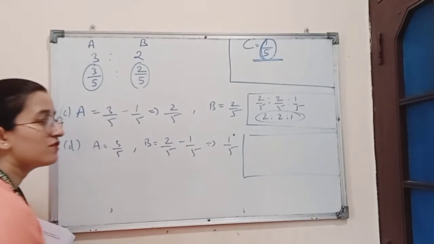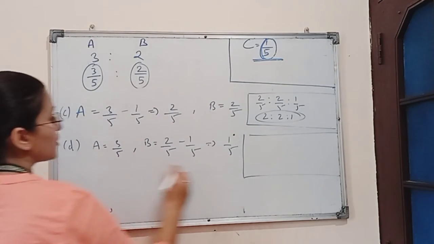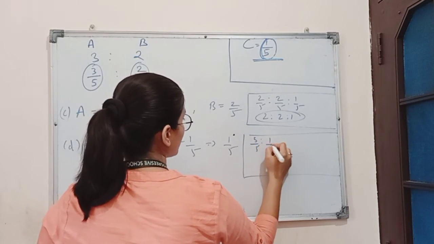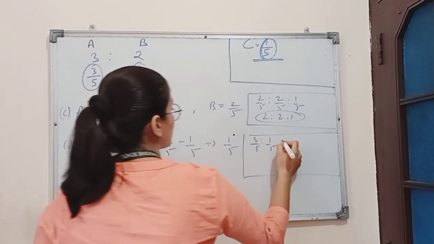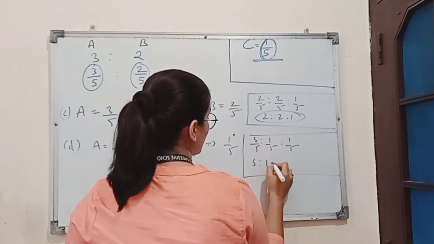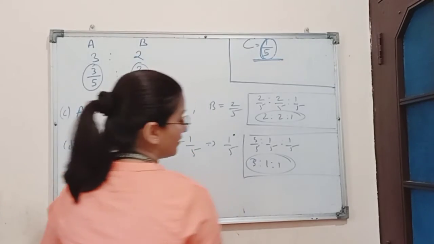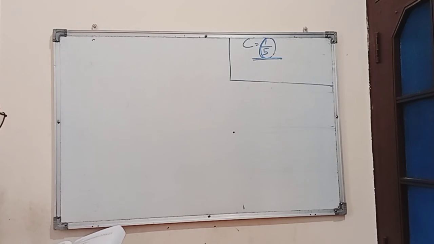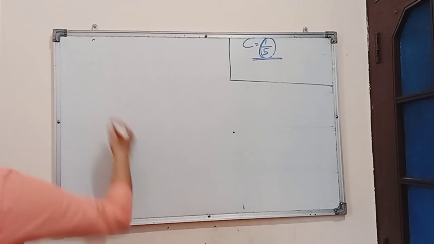New profit sharing ratio will be easily calculated now. A's share is 3/5, B's share is 1/5 and C's share is 1/5. So new profit sharing ratio will be 3:1:1.